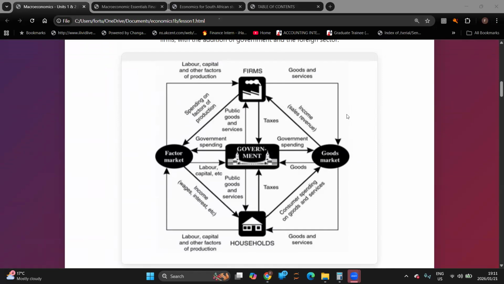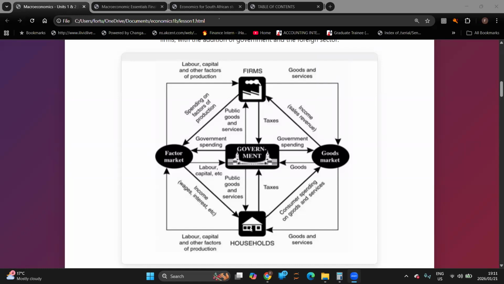When you're looking at an economy, you're looking at the interaction between the main participants within it. Who are these participants? The two main participants are the firms and the households. These are the two main entities, and the relationship between them is what forms an economy.